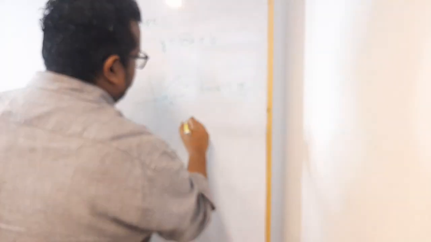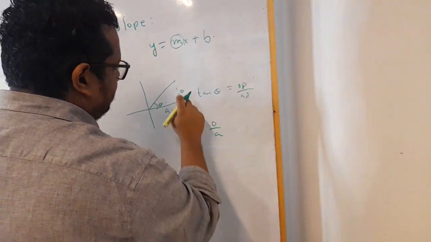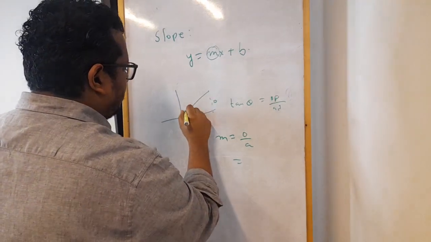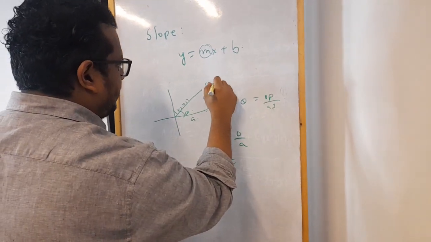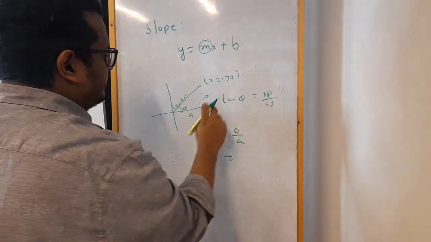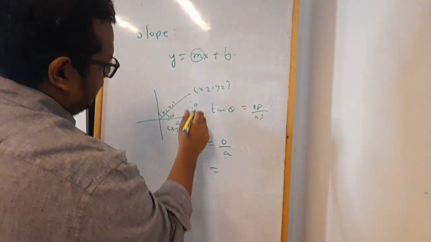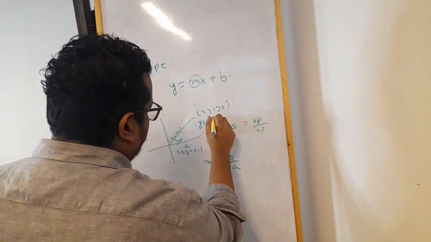So slope is basically opposite by adjacent. So what is opposite? Suppose this is x1, y1 and this is x2, y2. So the adjacent is basically x2 minus x1 and the opposite is basically y2 minus y1.